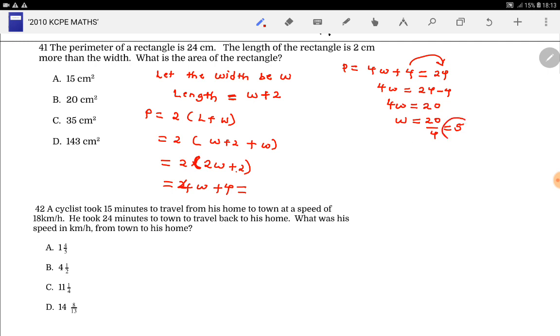So the width is 5, the length, which is W plus 2, will be 5 plus 2, which is 7. And the area is given by length times width, which is 7 times 5, which is 35 centimeters squared.